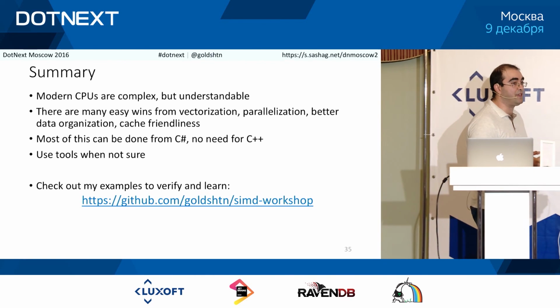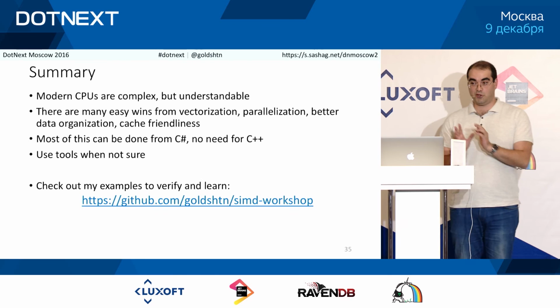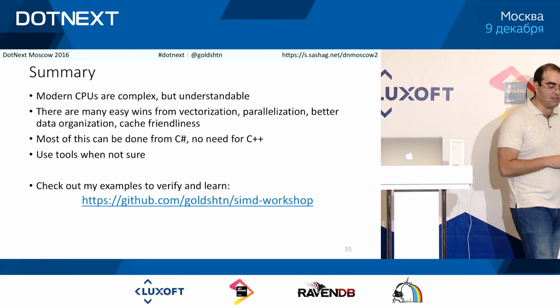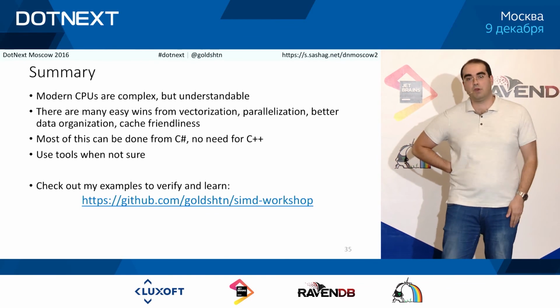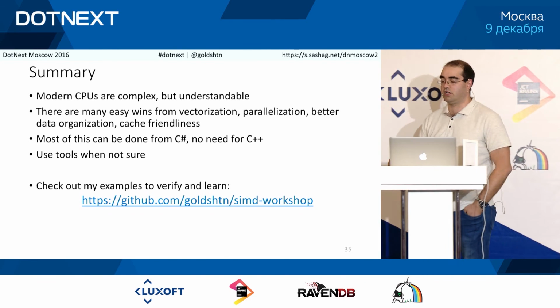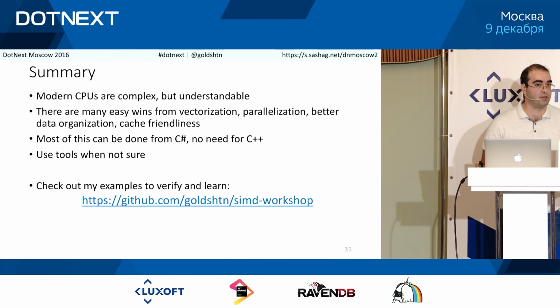A lot of this stuff can be done from C#. I've shown you some C examples, but a lot of this stuff can be done from C#, and this is also excellent news, that we can have the same level of control over our code as C++ developers.